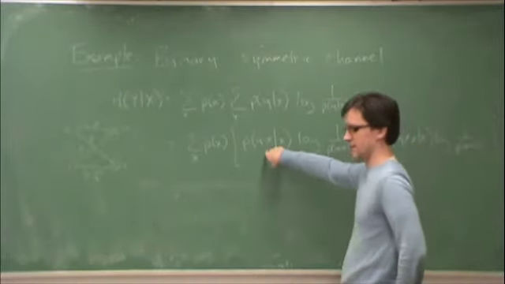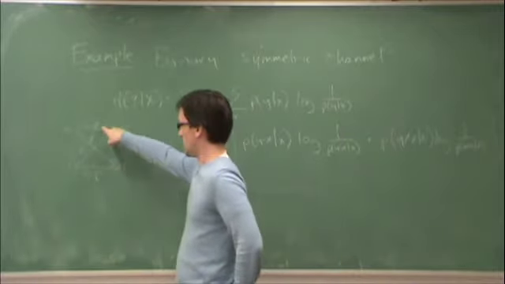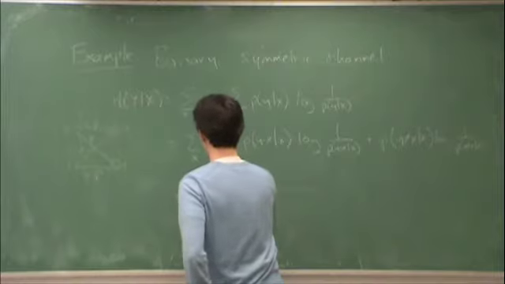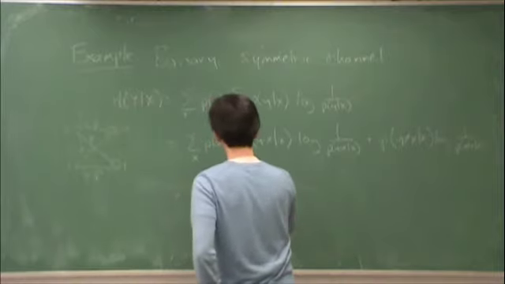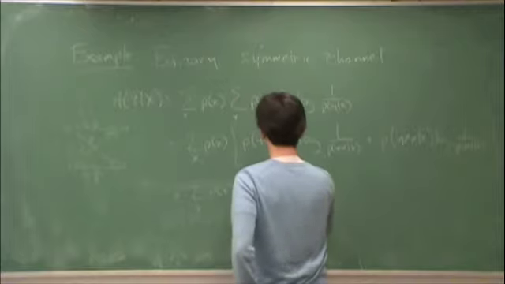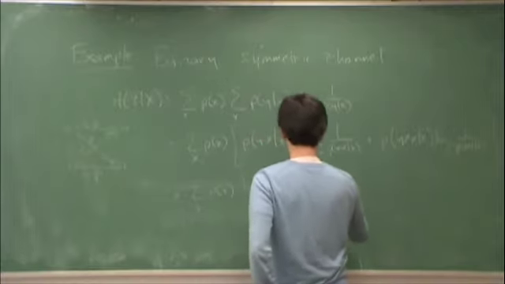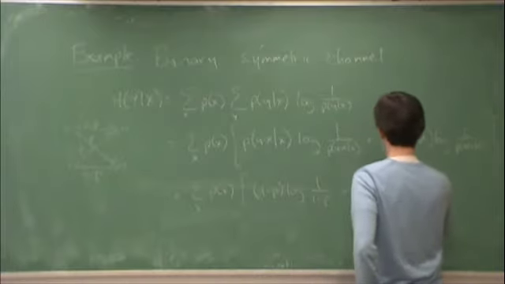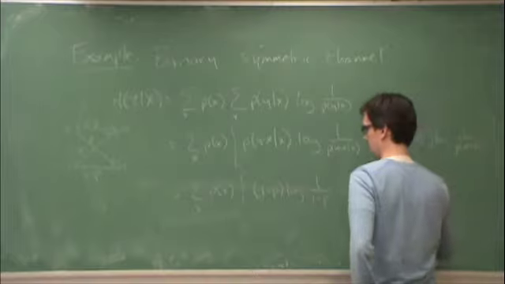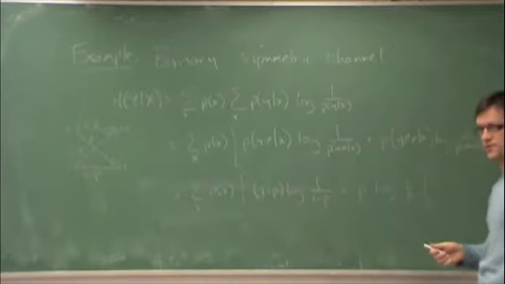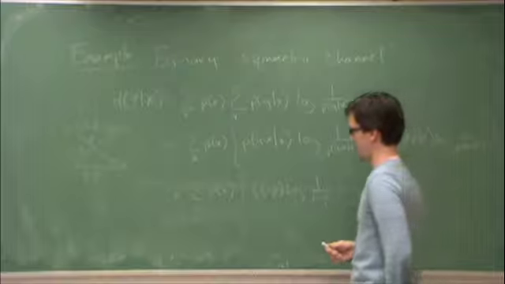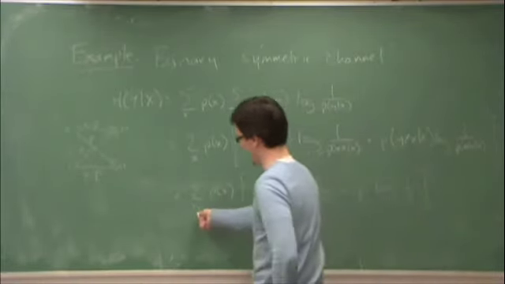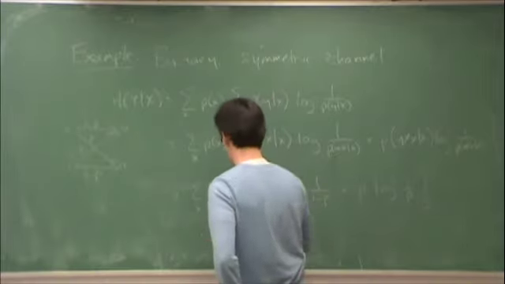Similarly, the probability that y is equal to x is 1 minus p, regardless of whether x is 0 or 1. So this is equal to the sum over x, p(x), times (1 minus p) log 1 over (1 minus p), plus p log 1 over p. Now you'll notice nothing inside these brackets depends on x anymore. So now I have the sum over x, p(x), times this constant. Sum over all possible x of p(x) is just 1.